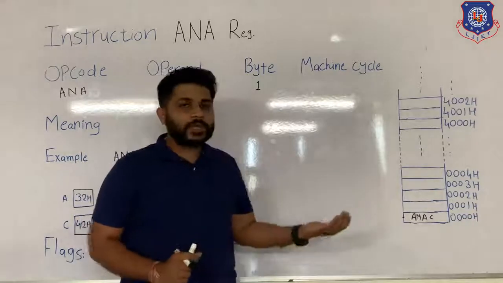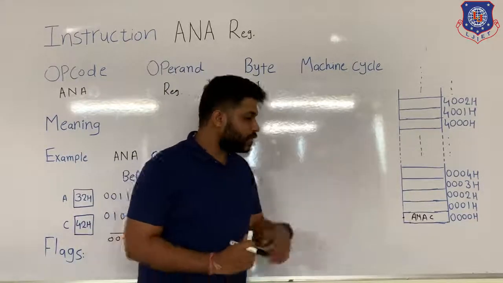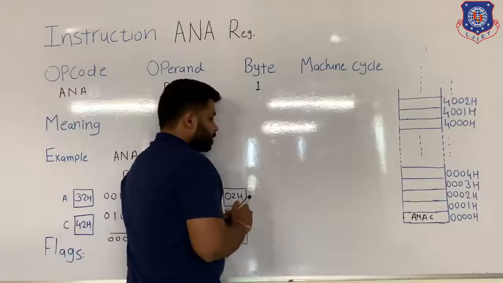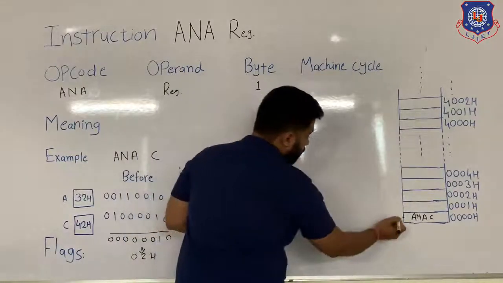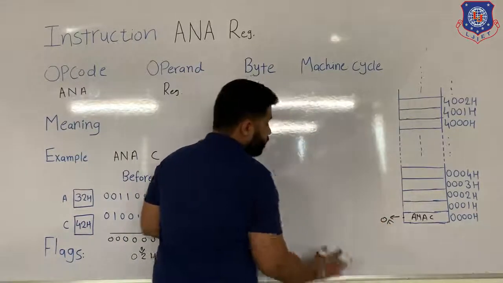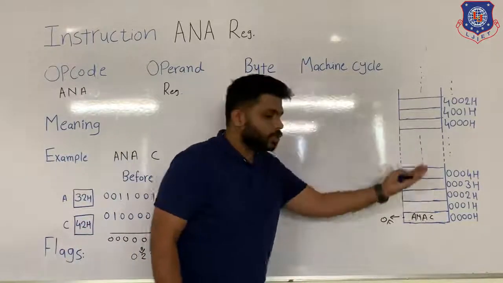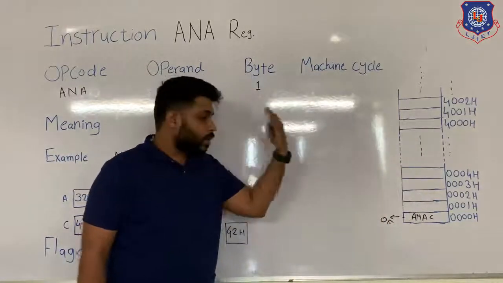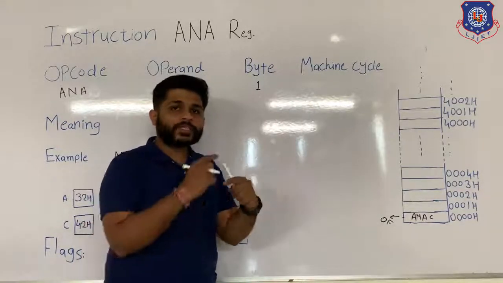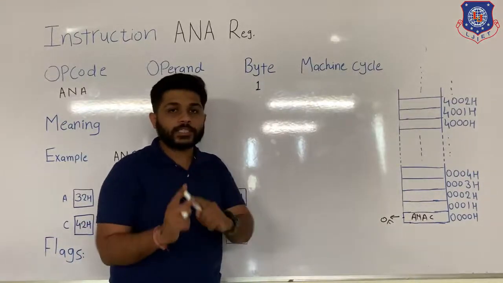First of all, the processor has to fetch the instruction. To fetch the instruction, the first process the processor will do is opcode fetch. When the processor performs the opcode fetch machine cycle, this whole instruction will be transferred from the memory. When the instruction is transferred, it will be decoded and after that it will be executed.